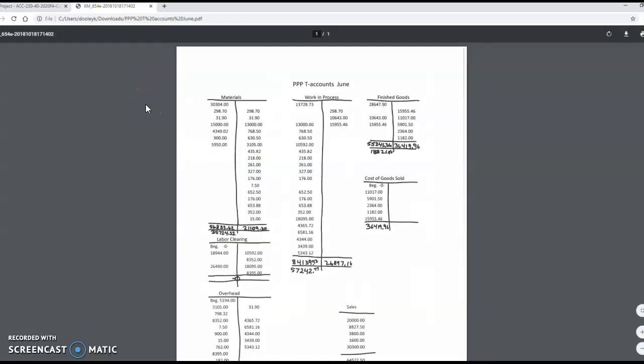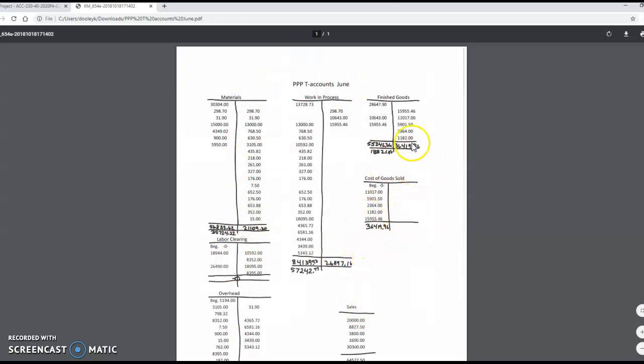Okay, so here are our T accounts. We sold something for $20,000. So here it is. This would be a credit in sales. I just have a sales list here, and you can do the same if you want. It doesn't even have to be in a T account. I'm mainly interested in these inventory related T accounts and the cost of goods sold.